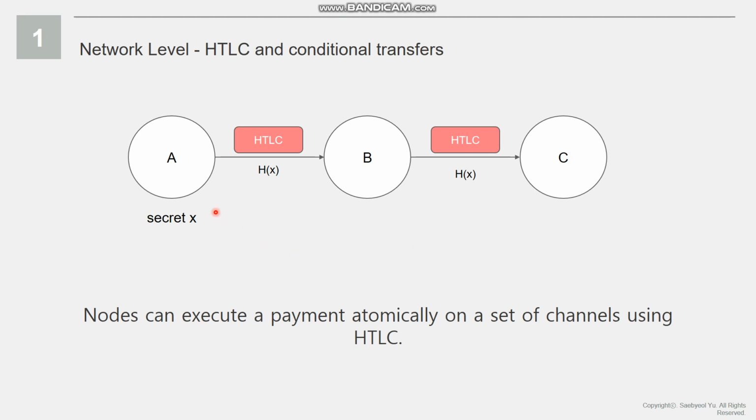So in this figure, node A wants to send coins to C, and as the first step, C computes the hash value of an arbitrarily chosen random number X and shares it with A via a direct channel.